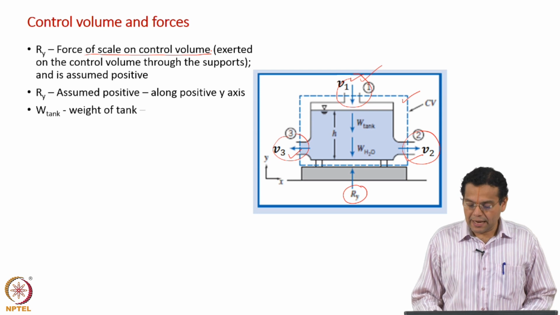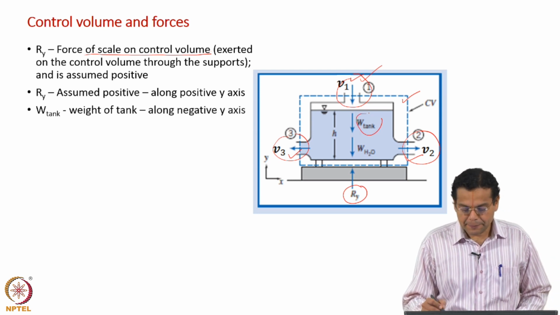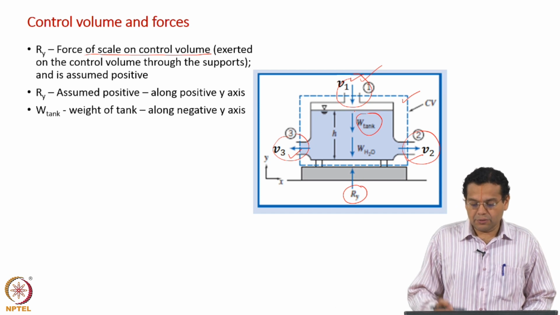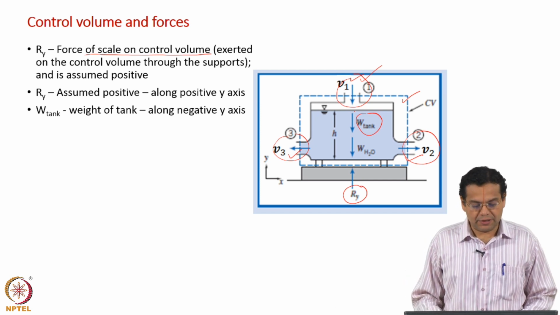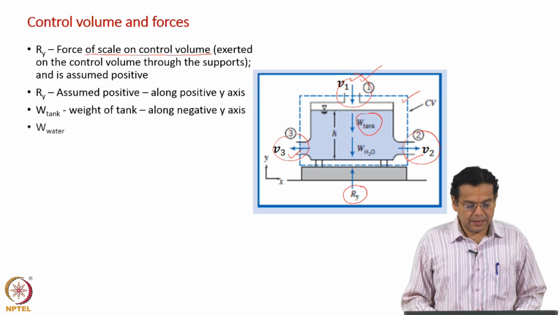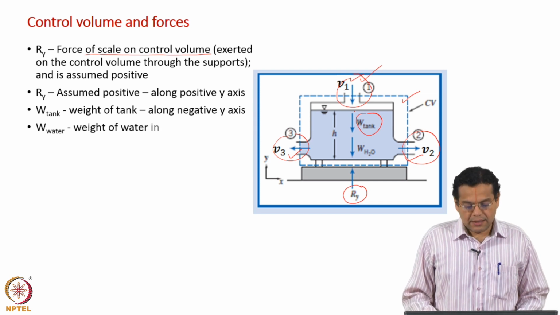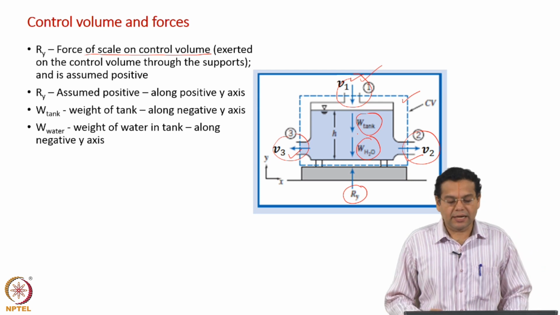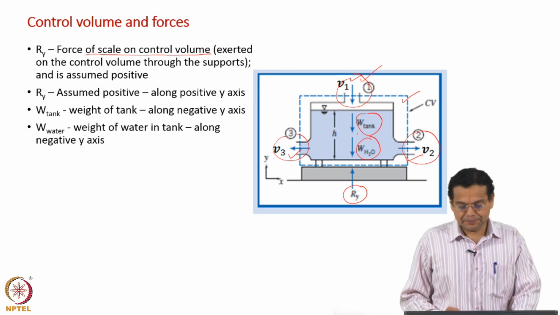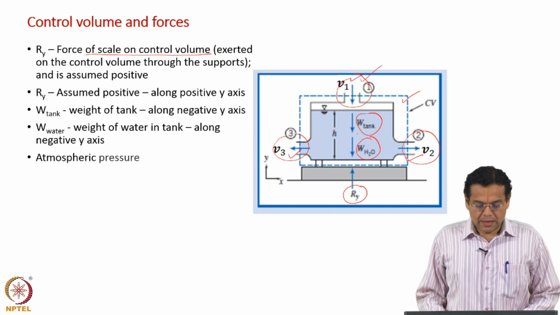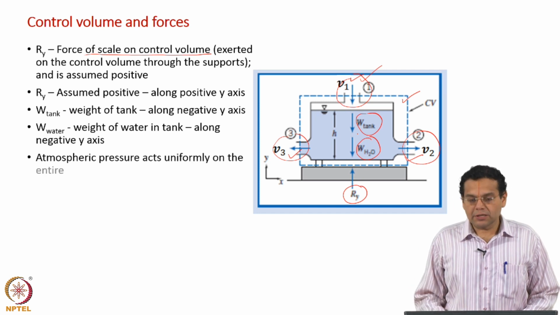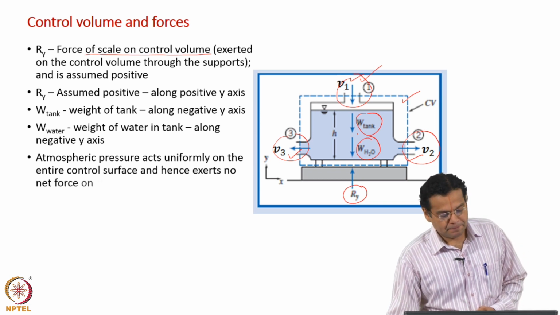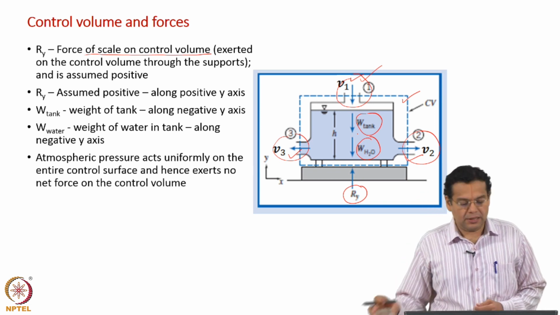Now W tank denotes the weight of the tank, and it is towards the negative y axis, which you already know. Similarly, W water represents the weight of water in the tank, also along the negative y axis. And atmospheric pressure acts uniformly on the entire control surface, and hence exerts no net force on the control volume.